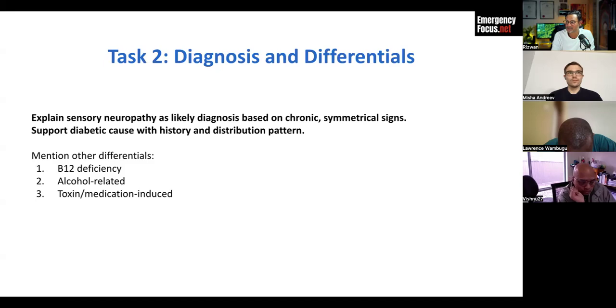So what is the second issue, which is the explanation towards the diagnosis, the key diagnosis, which is diabetic neuropathy, because it's chronic, it's symmetrical, it's distal to proximal, walking worse at night because the patient is reliant on his sensory vision input. And the other differential, which we've already talked about, is alcohol, which is the most strong contender here.